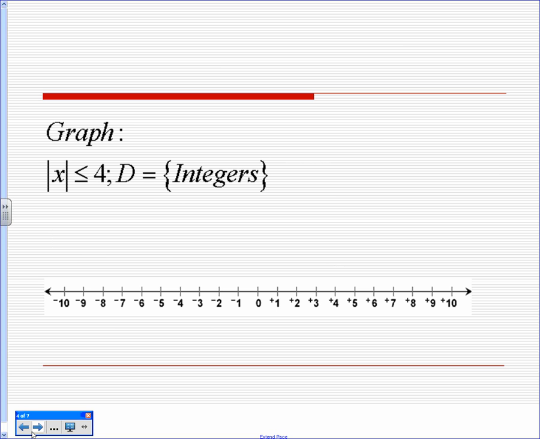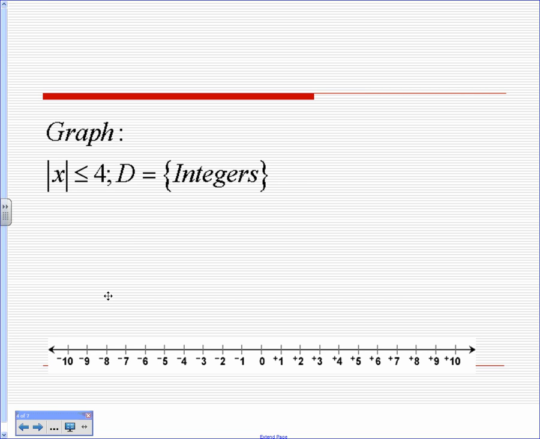Okay, so let's look at an example. Negative 4 is less than or equal to x, which is less than or equal to 4. What is the first inequality?